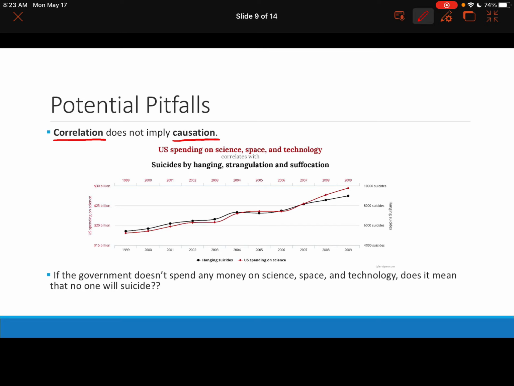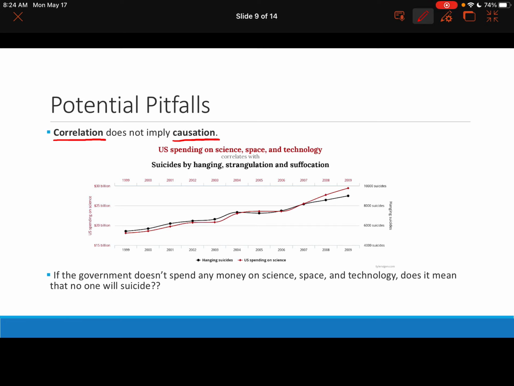And here's a very funny example. There are two variables. One is the US spending on science, space, and technology. The other one is the number of suicides by hanging, strangulation, and suffocation. And these two variables are closely related.